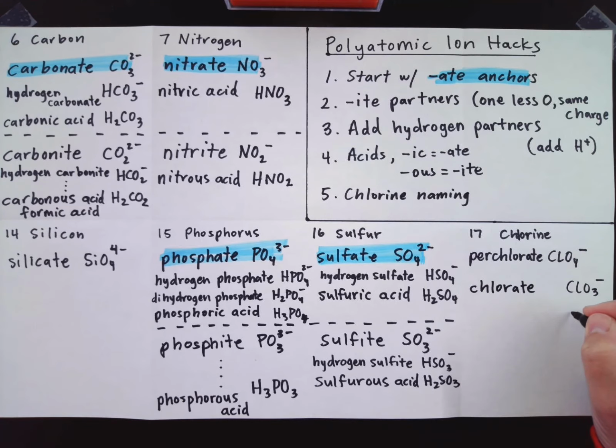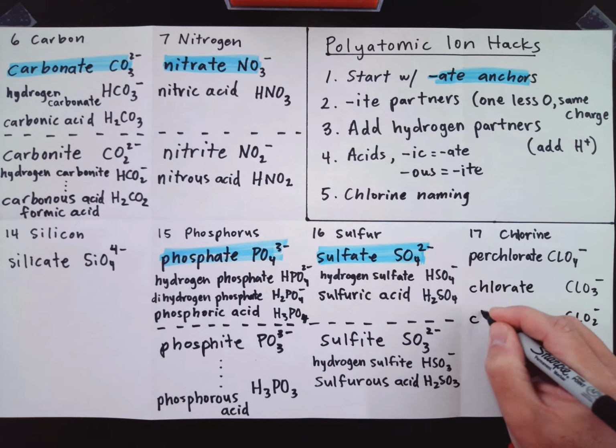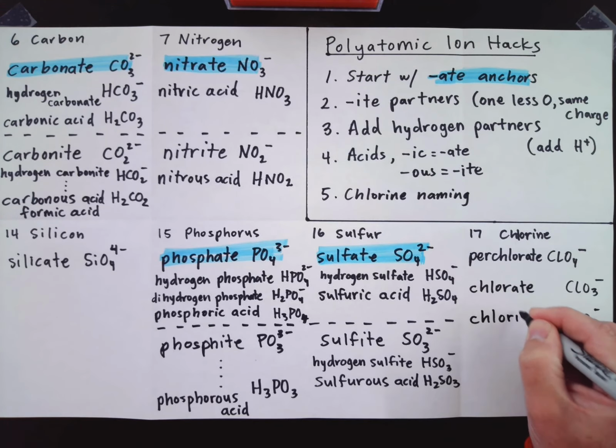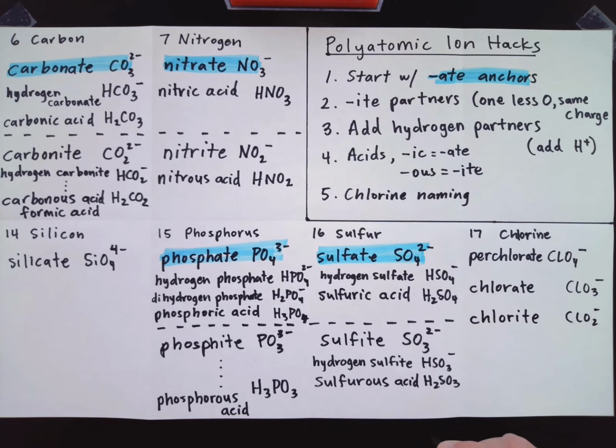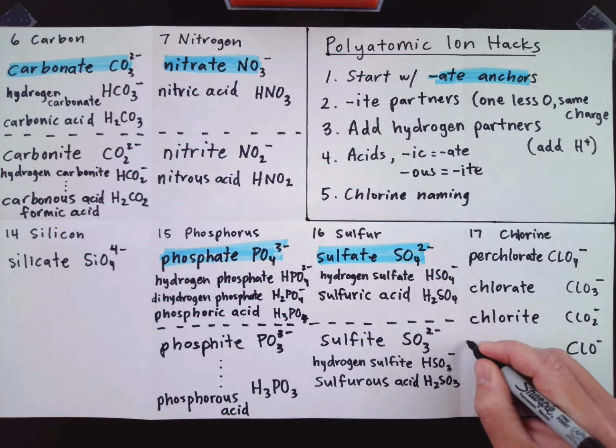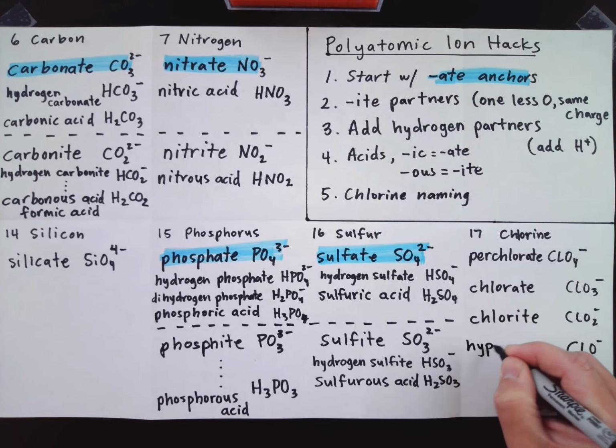I can drop it down one to ClO2 with a minus charge. That's chlorite. And if I go even one step further, ClO minus, that is hypochlorite.